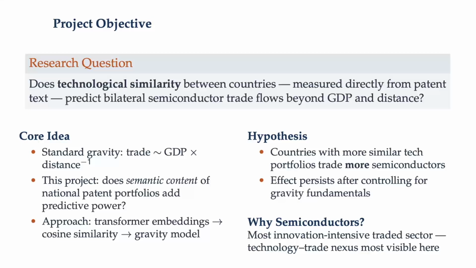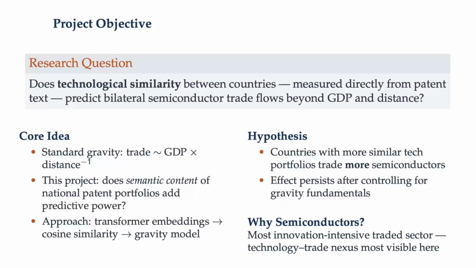So how can we measure that? Using natural language processing. In this project, we connect the semantic content of national patent portfolios, and using that variable, whether the predicting power for trade volume gets better or not is the main idea and starting point. So this is what I have been doing.